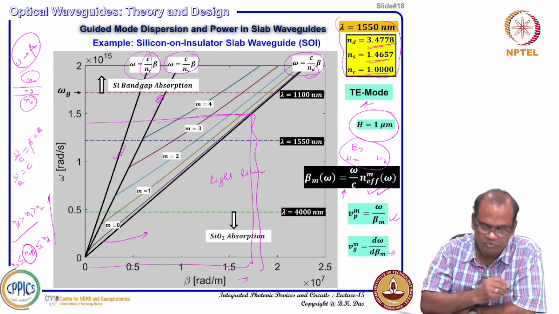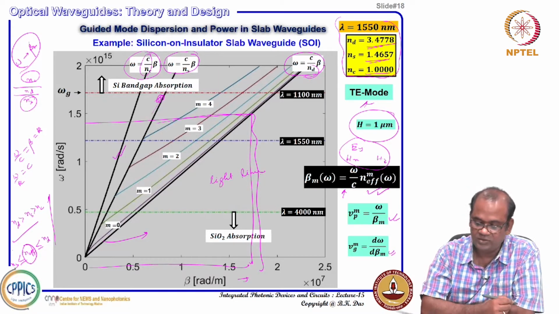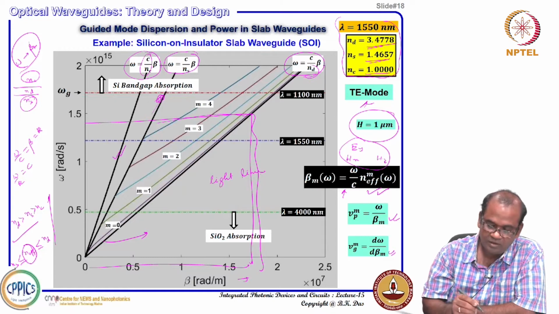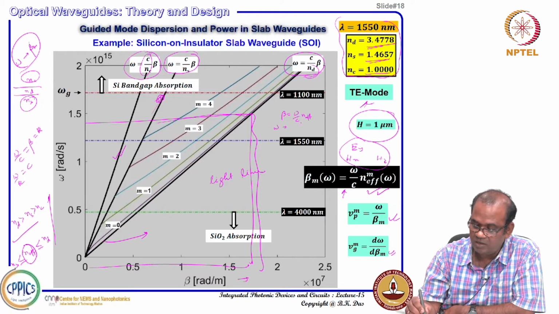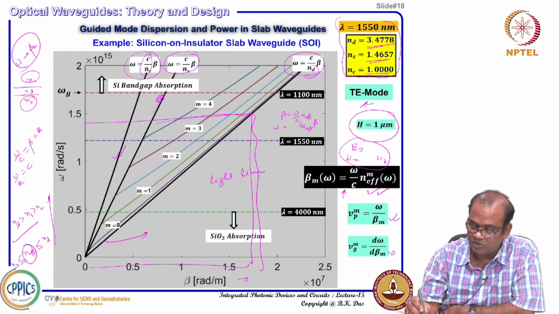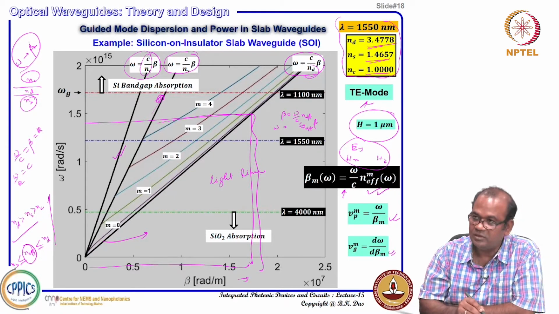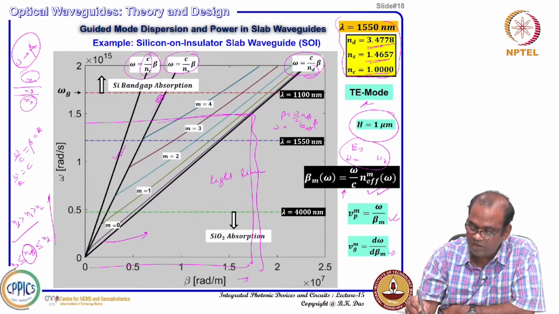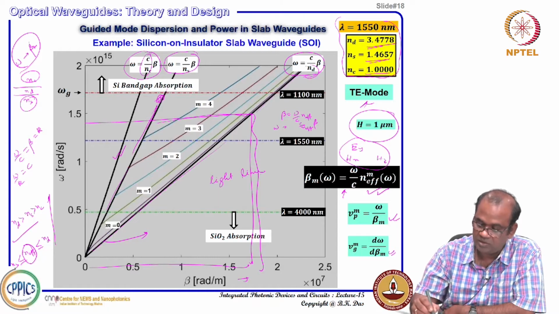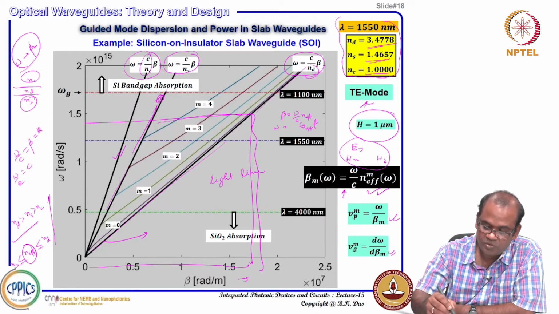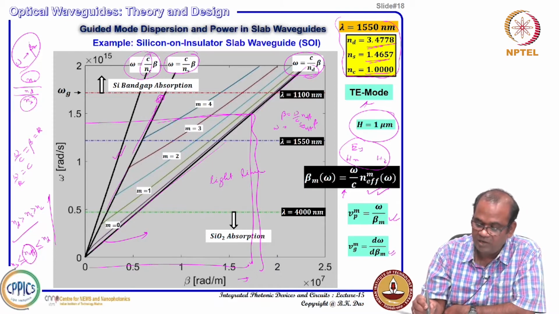So any solutions you get for any frequency range will be something like beta equal to omega by c times N effective, and omega equal to c by N effective times beta. Since N effective is less than Nd and greater than Ns, the N effective solutions will come in between these two light lines, the light line for Nd and the light line for Ns. In between, your N effective will be there.